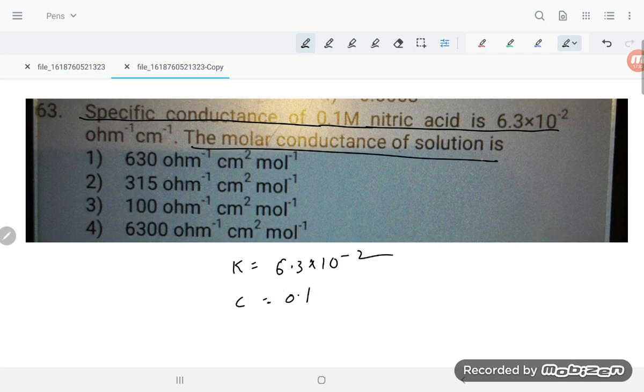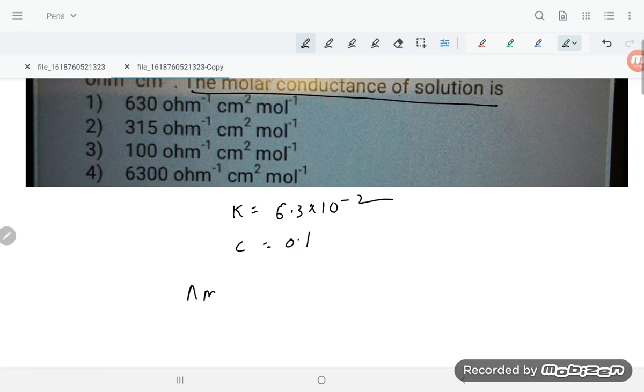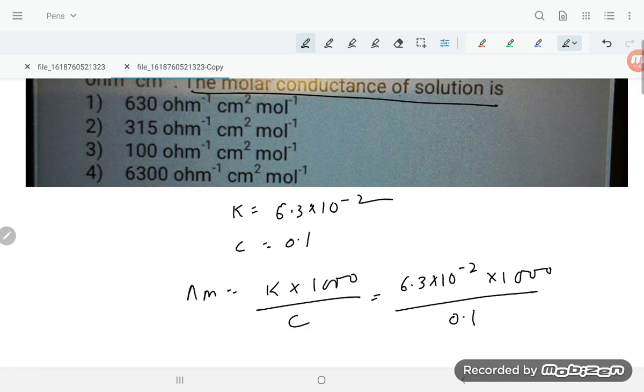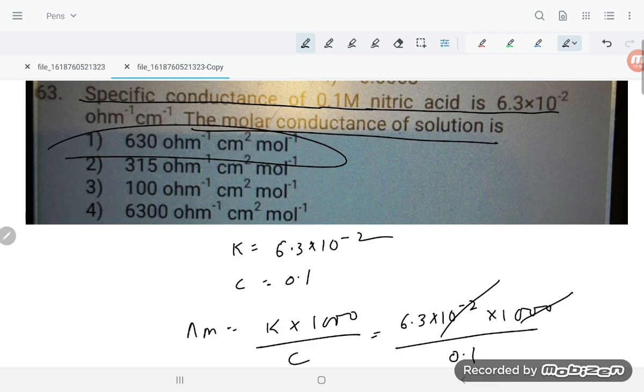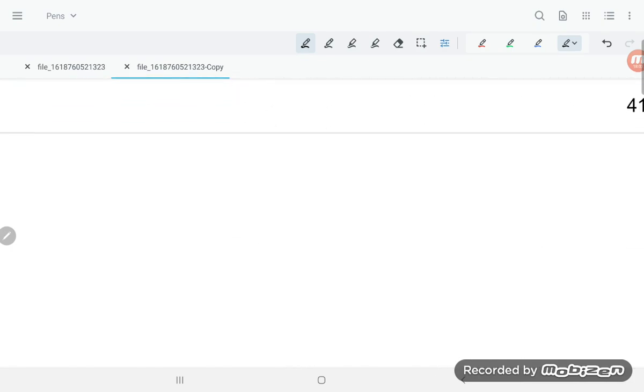The molar conductance of the solution, Λm, is K × 1000 / C. So 6.3 × 10⁻² multiplied by 1000 divided by 0.1. The 2 cancels out, so 63 upon 0.1 is 630 ohm inverse centimeter. So the correct option is option number 1.